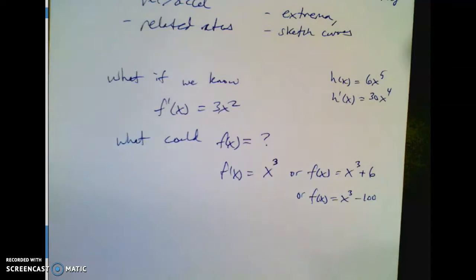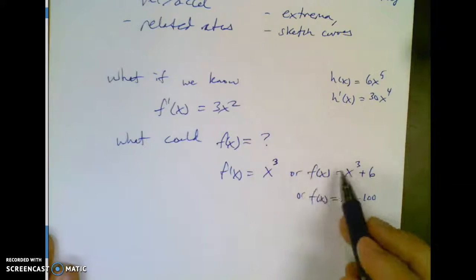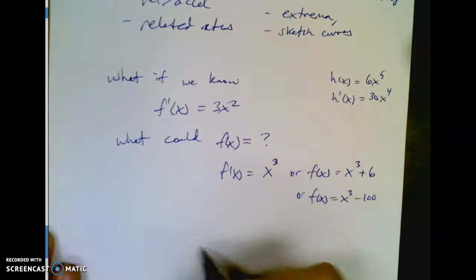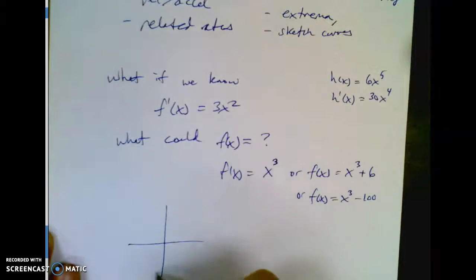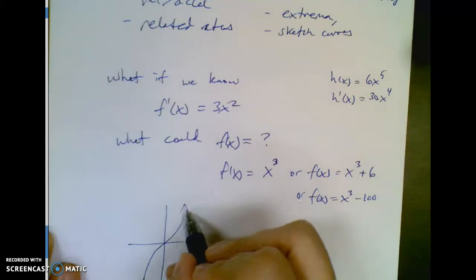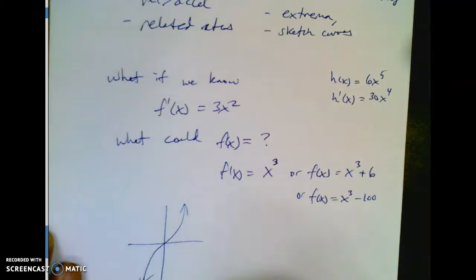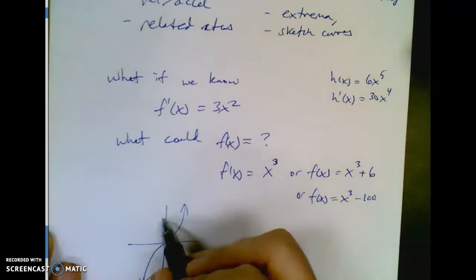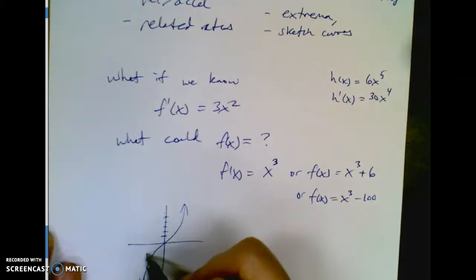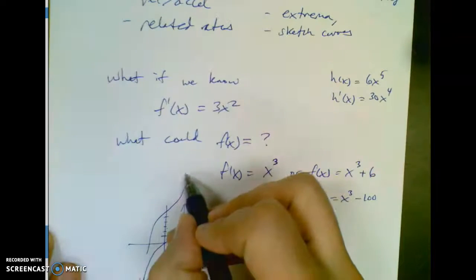If you looked at the picture, remember how derivatives find instantaneous slope? If I looked at any of these graphs, let's not look at the 100 one, but if I looked at x cubed, the graph would look like this, right? If I looked at x cubed plus 6, it's the exact same graph, just shifted up 6, right?